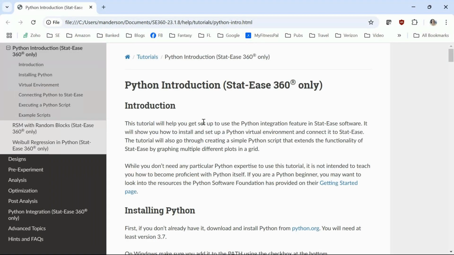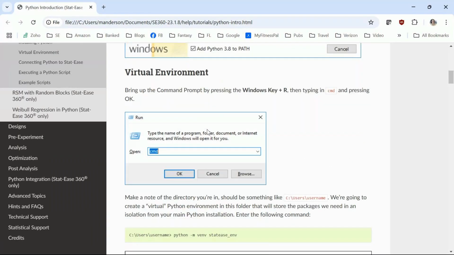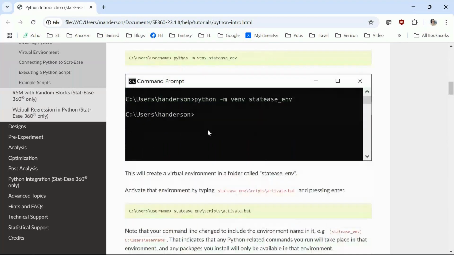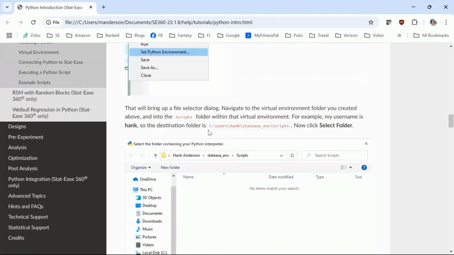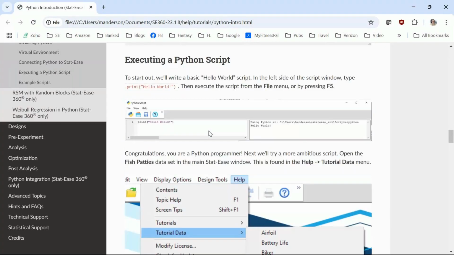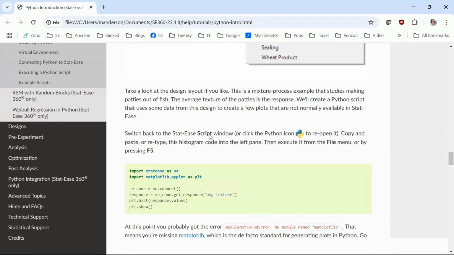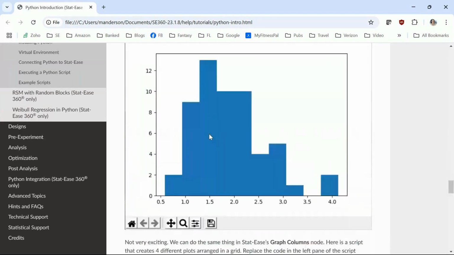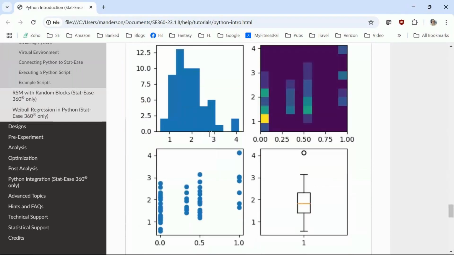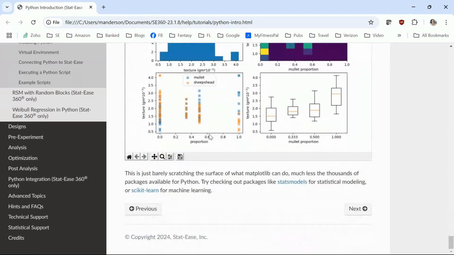This is the way I would start before you go back to Joe: see if you can get your Python environment set up. Once that's set up, you connect it to Staties, and then you can execute the script and go on from there. Okay, so this lays out the whole process that you can go through to get connected up to the Python.